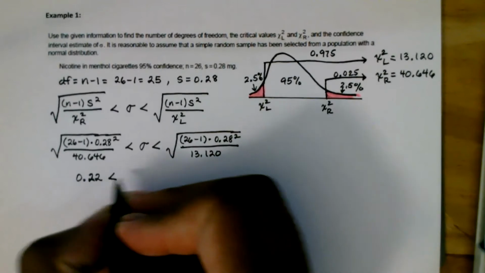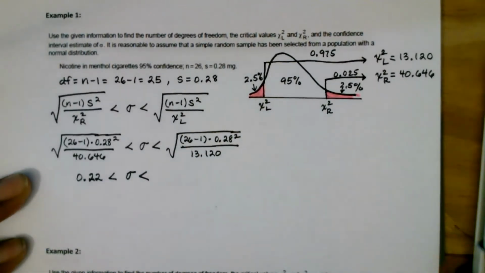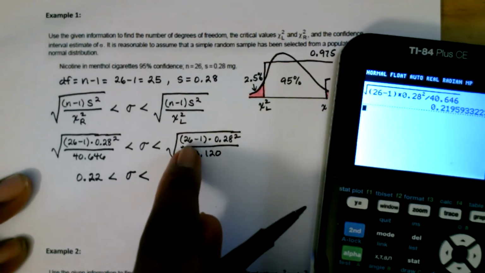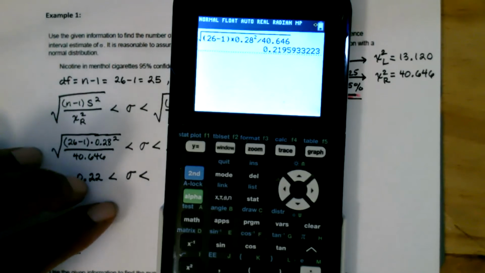Then that's going to be less than sigma and less than. Now, instead of entering all of this again, because that numerator is the same, this is what I'm going to do. I'm going to do second and enter.